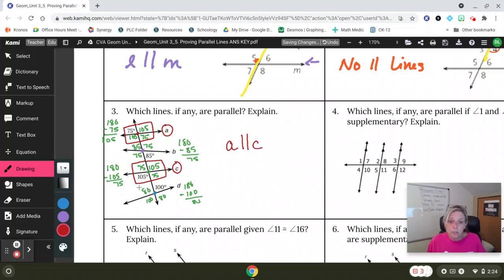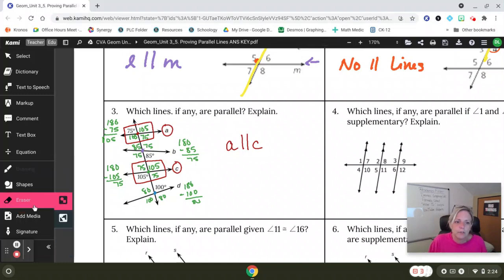Your explanation, your evidence is all of those angle measures that you plugged in for me, okay? If you look at line B, we do have a 75-degree angle, but hopefully you noticed it's in the wrong position. So it's top right instead of top left. And I think I did the math wrong there because it would have to be 105. This should be 95.